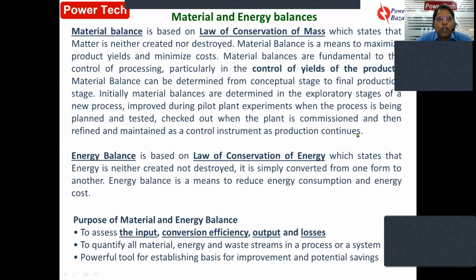And further, by controlling, by giving additional input, and by improving the process, the final material balance is obtained. This helps in increasing the yield of the product and thereby minimizing the cost of the product. In view of this, material balance is very important.